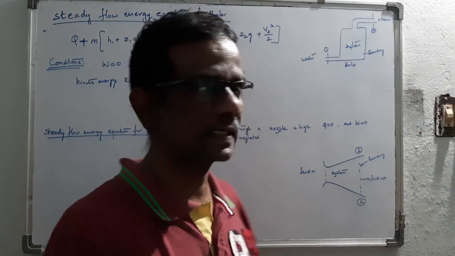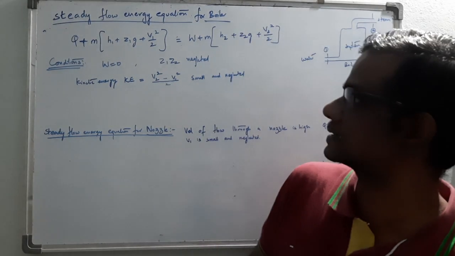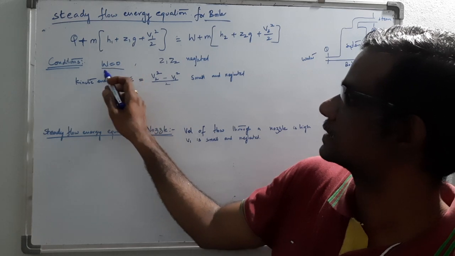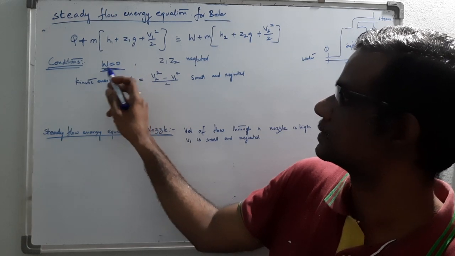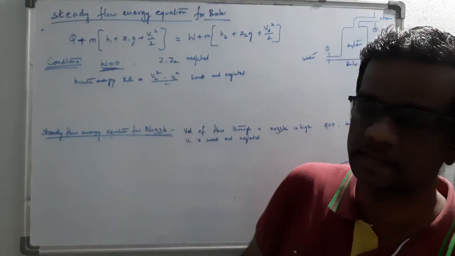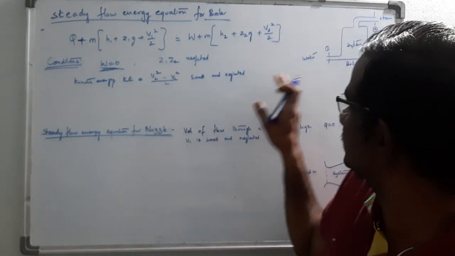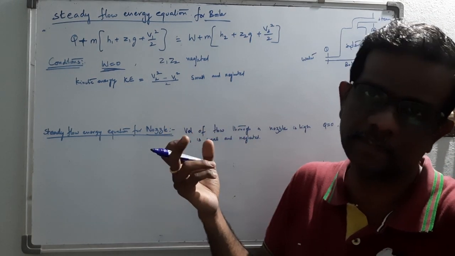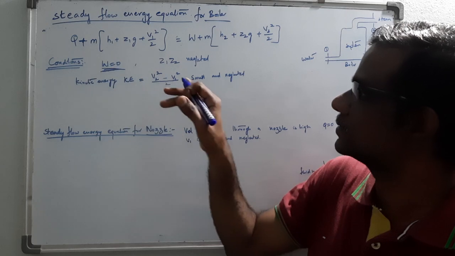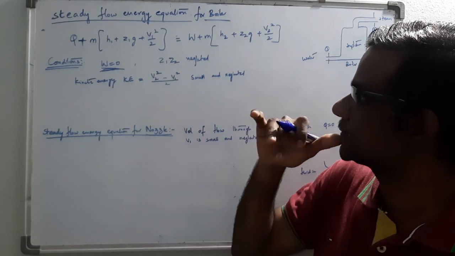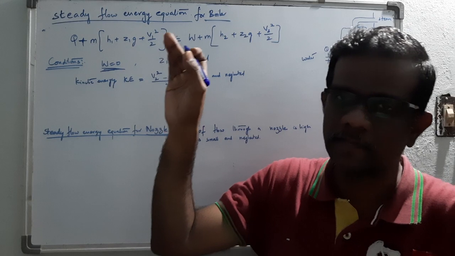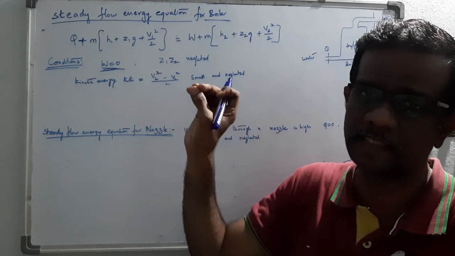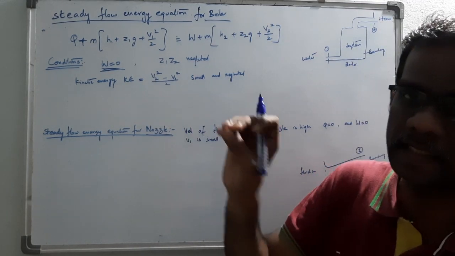So what are the assumptions? Work done is 0, because in a boiler the water is directly converted by heat into steam. Z1 and Z2 are neglected, because the mass of fluid entering the system equals that leaving, and the mass is the same in the entire system.